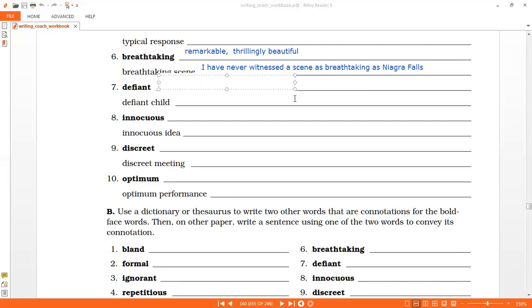Next is defiant. Defiant is someone who is very bold and very, very aggressive.